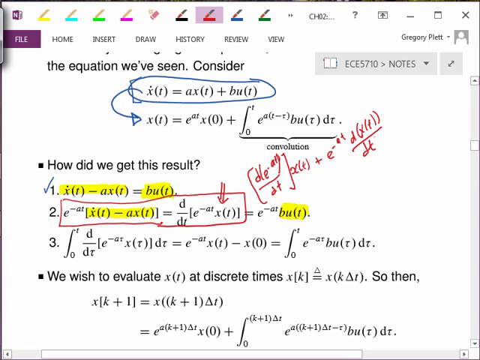The derivative of x of t with respect to time is just what we've called x dot, so this is e to the minus at x dot of t.